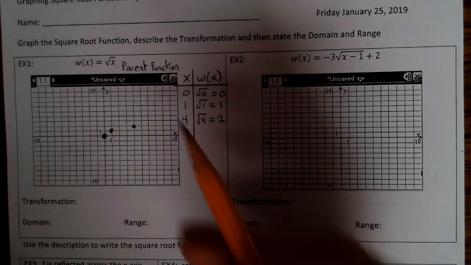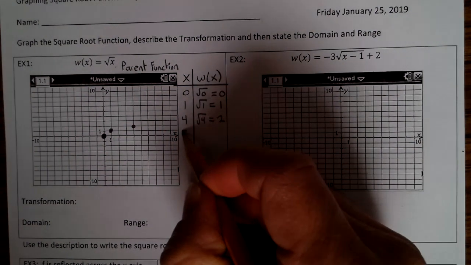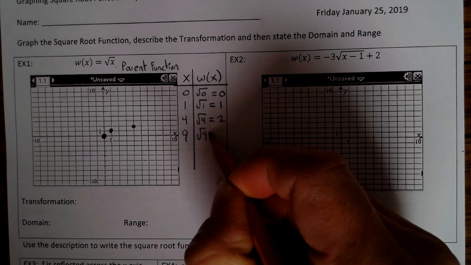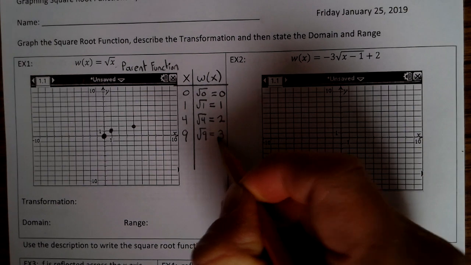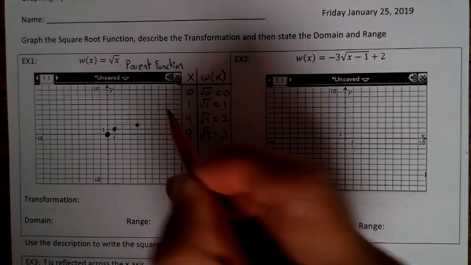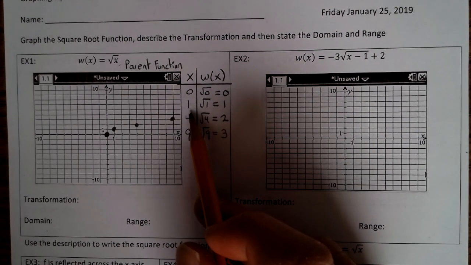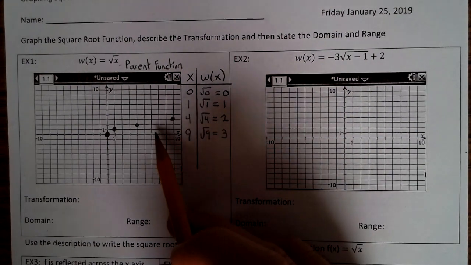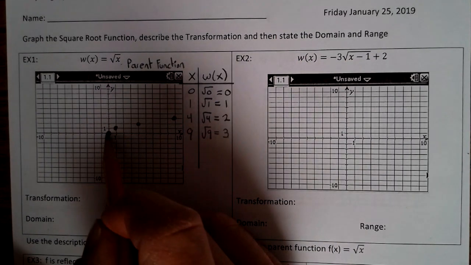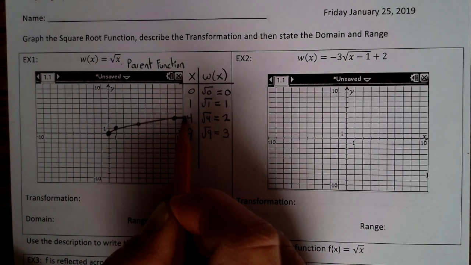And then the next point is 9 because we know the square root of 9 is 3. So we go to the right 9, up 1, 2, 3. Now you could technically use the other points, but graphing decimals makes it more complicated to graph, so we want to keep the simple numbers. Okay, so there's your square root parent function.